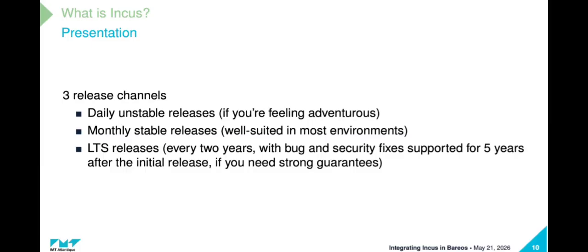They come out every 2 years with bug and security fixes that are backported. At the beginning of May, we had our new LTS version released, so Incus 7.0. So that's a good new version. If you're trying Incus, you will probably deal with Incus 7.0, which is the latest release.